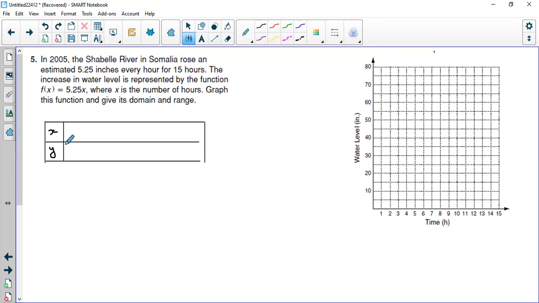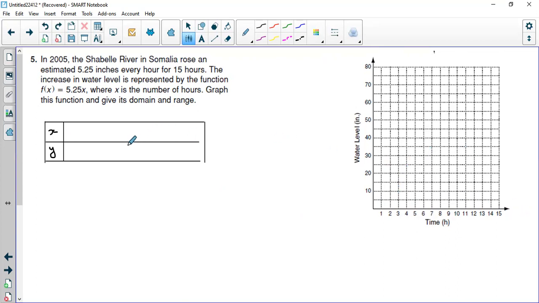Always it's better we start with 0, right? But then 5.25 multiplied by 0 is going to give you a 0. So 0, 0, you can do that with your mind. Let's start with 2. Just take regular interval numbers. Don't take 2, 3, 4, because you have to reach until 15.